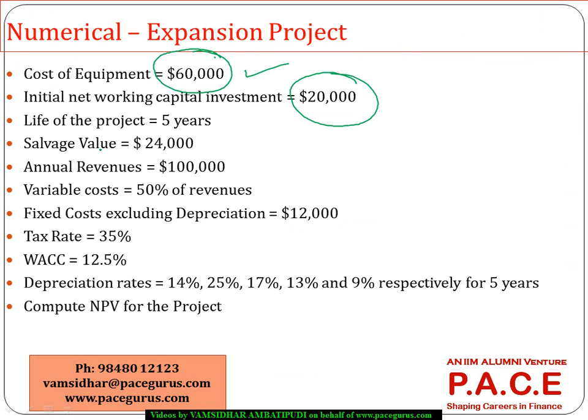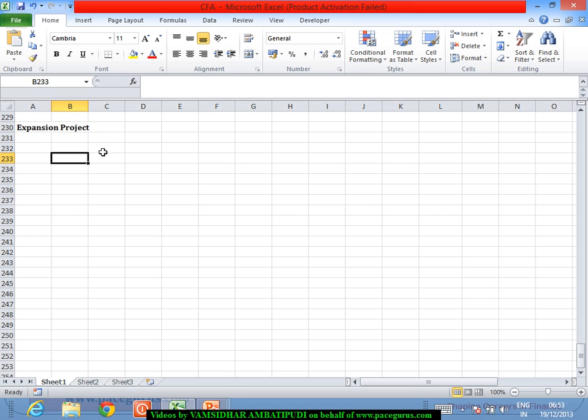And what is the life of this project? It's a 5-year project. So what I can look at is, I can create year-wise columns: Year 0, which means initial, after 1 year, after 2 years, 3 years, 4 years and 5 years. I want to look at the cash flows in each of the periods.